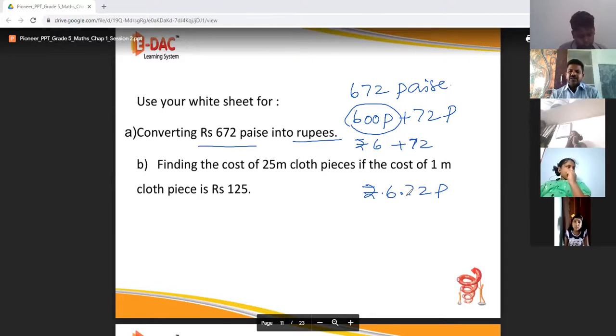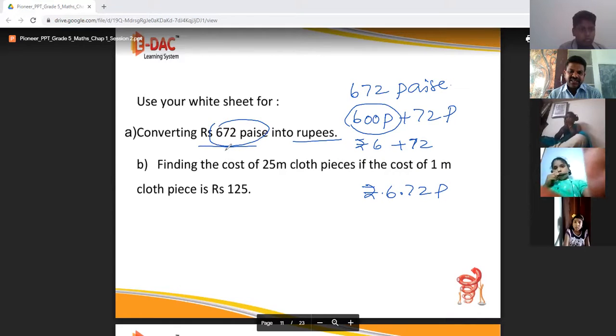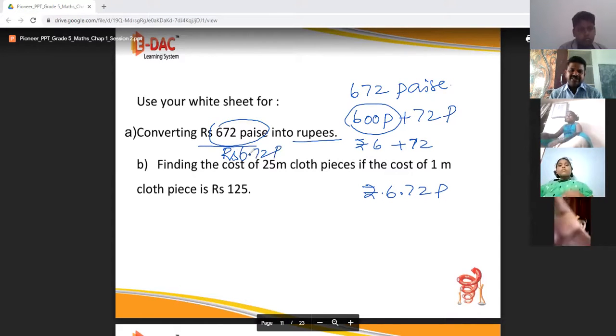Then you get the final amount, right? So 672 pies makes 6 rupees 72 pies.